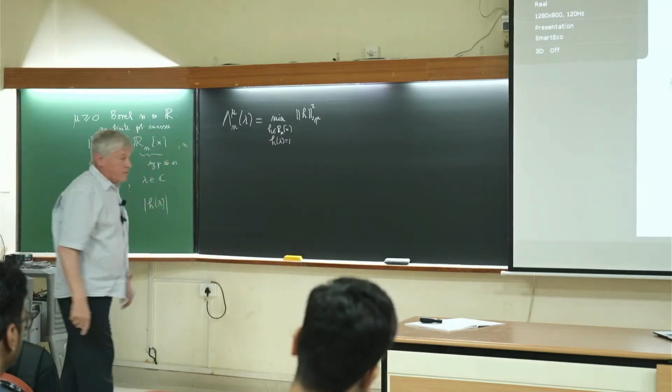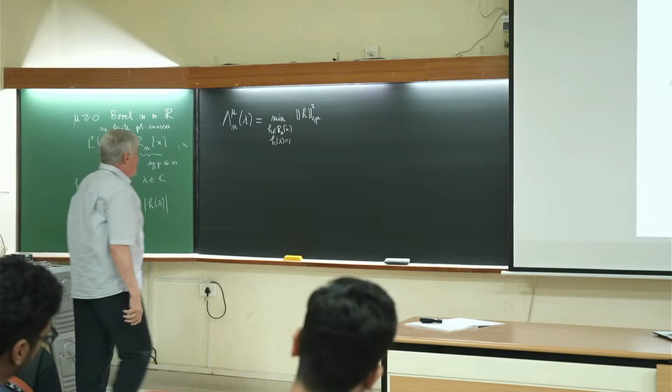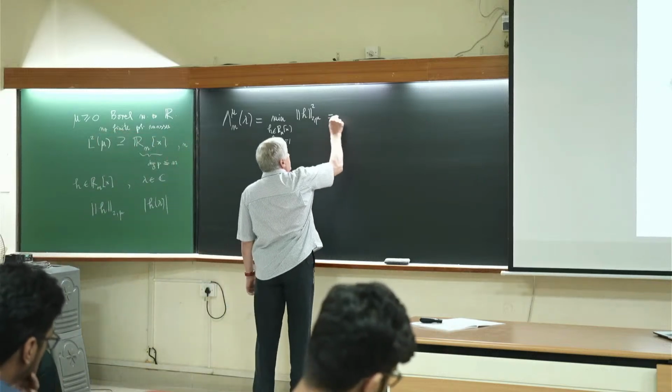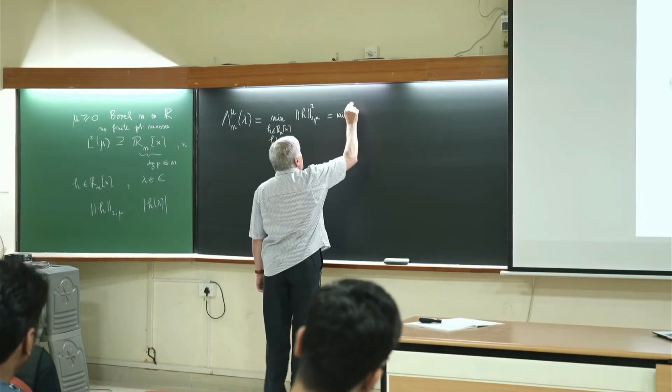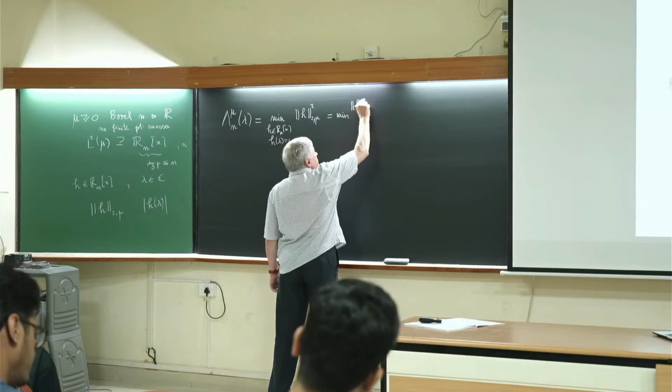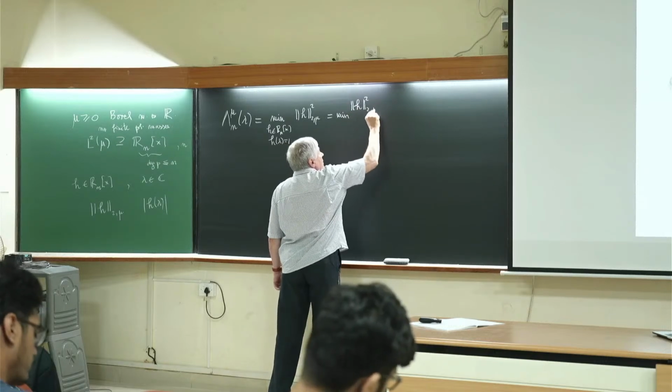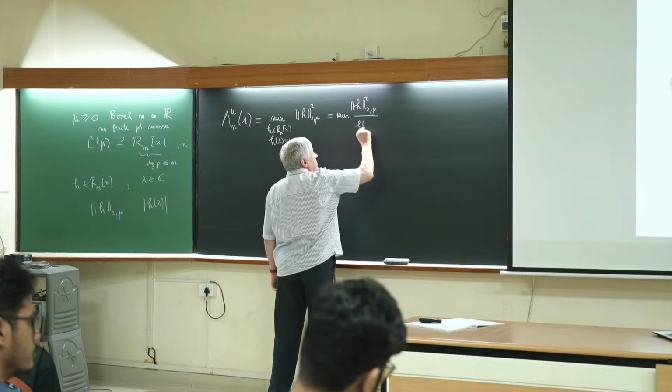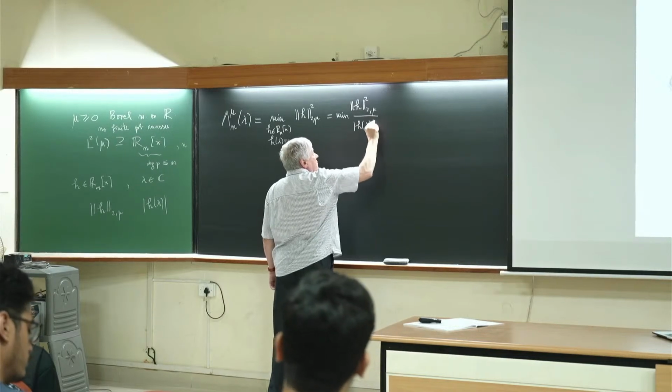This quantity is achieved, and is the same as the minimum of the 2 norm divided by now the square.